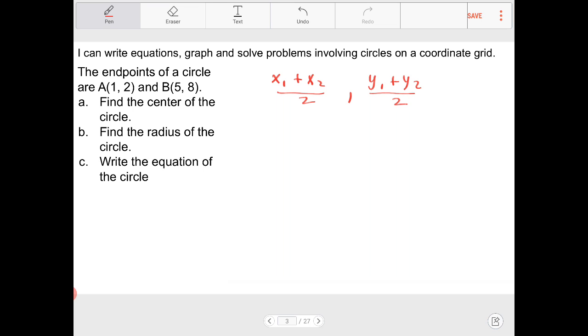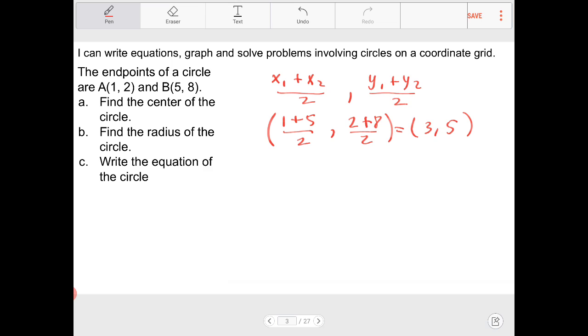We take the x coordinates, add them together, divide by 2. So I have 1 plus 5 divided by 2, and the y coordinates, 2 plus 8 divided by 2. So this is 3, 5. That's the center.